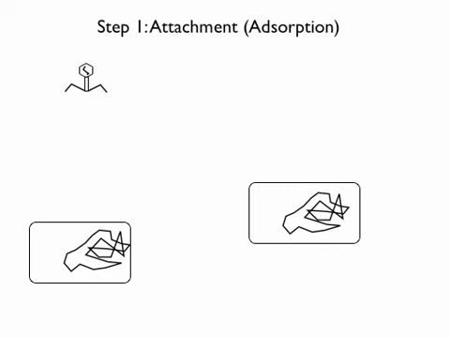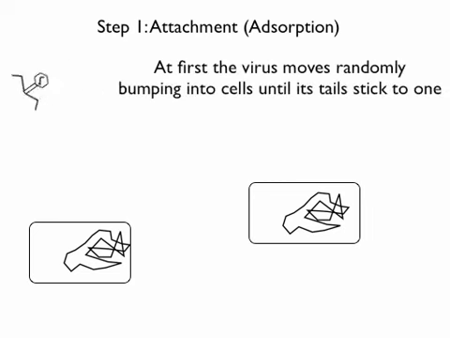They can't direct their movement. They have no flagella. All they do is randomly bounce around. Okay? So this virus is randomly sort of bouncing around, bumping into cells until its tail fibers stick to one of these cells. So it's sort of bouncing around back and forth, and boom, lands on that thing and sticks. This is called attachment.